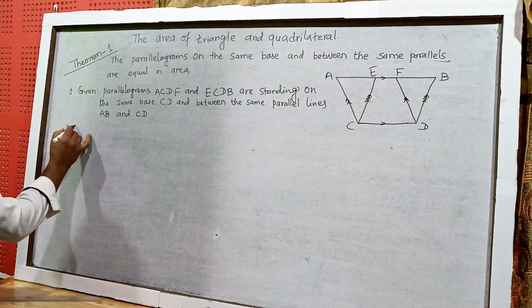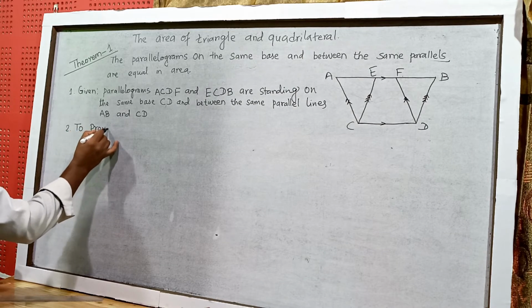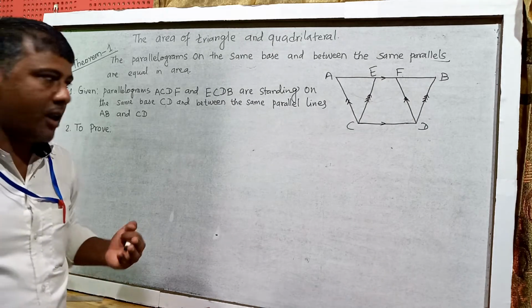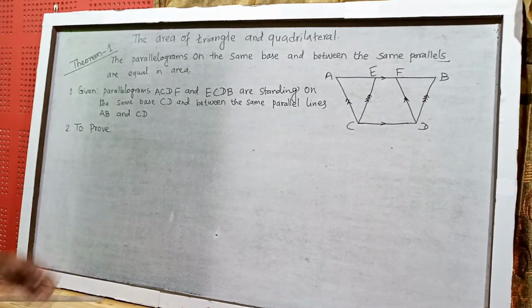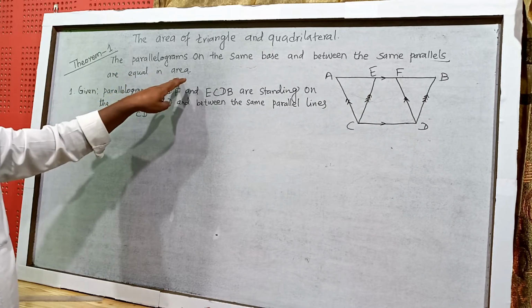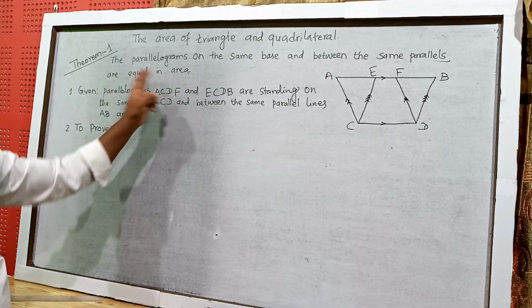Now to prove. What should we prove? If the parallelograms are standing on the same base and between the same parallel lines, then their areas are equal. It means their areas are equal. We should show their areas equal.